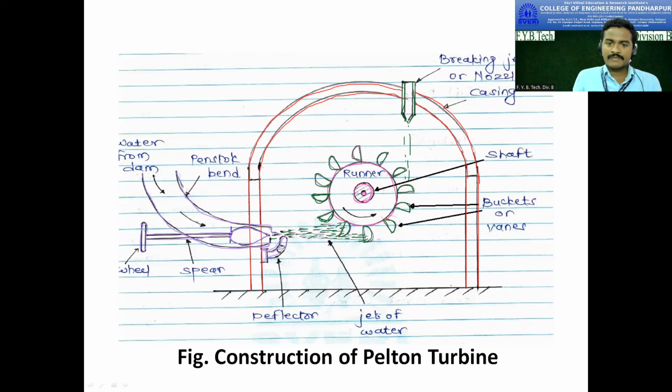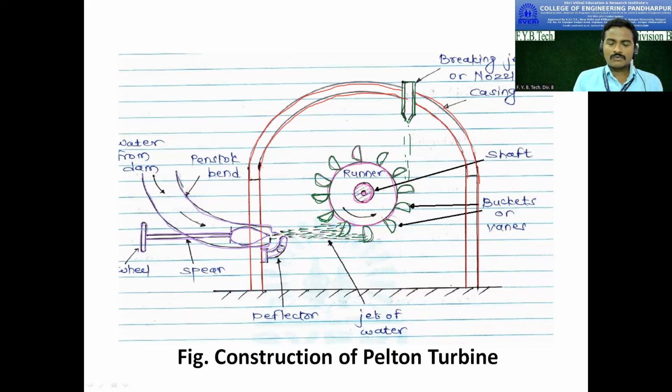So we can obtain here a mechanical energy, and that mechanical energy is utilized for rotating the generator. The shaft of this turbine is connected to the generator shaft, and it is rotating with high speed and converts into electrical energy by using the generator. So this is the simple working of a turbine.